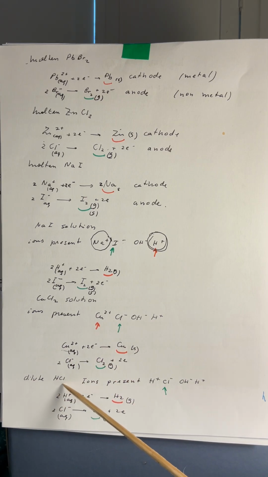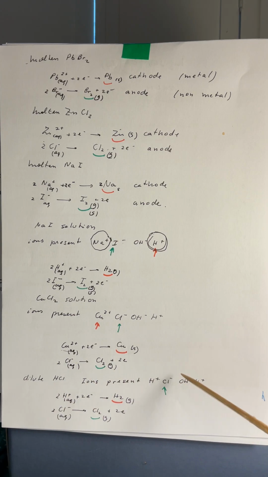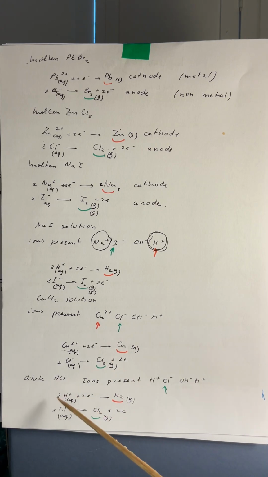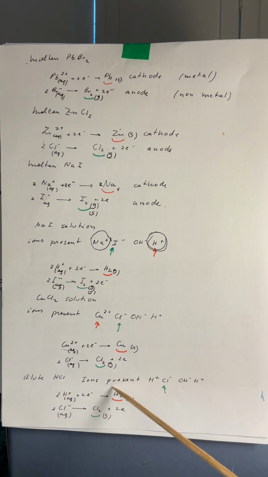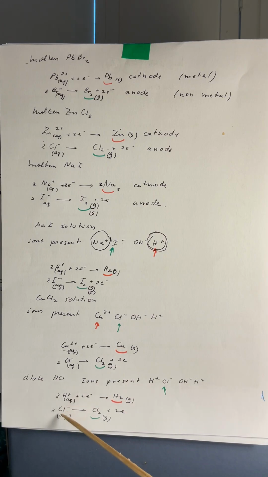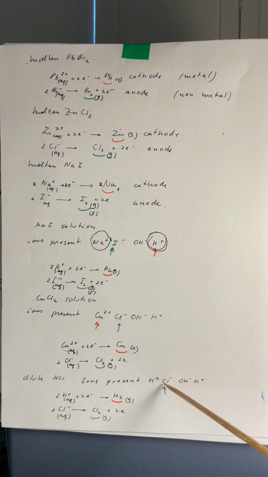And with dilute hydrochloric acid, you only have chloride, hydroxide, and protons: 2 hydrogen ions plus 2 electrons form hydrogen gas, 2 chloride forms chlorine plus 2 electrons. This time, as you know, that one is preferential.